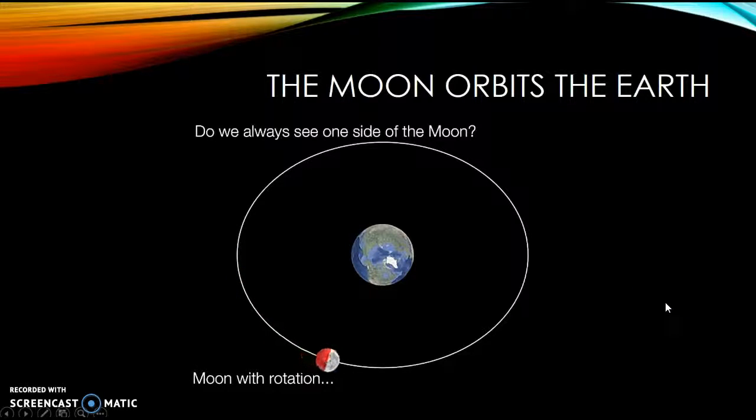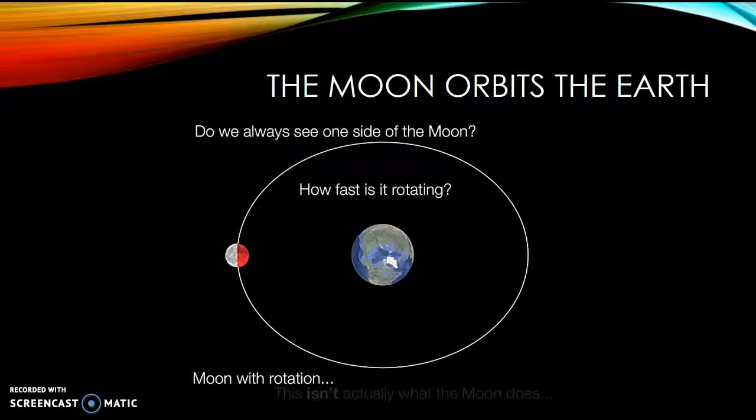Now, if it rotated fairly quickly, again, as it orbited the Earth, we'd see all the different sides. So the next orbit is going to show you what really happens with the Moon.